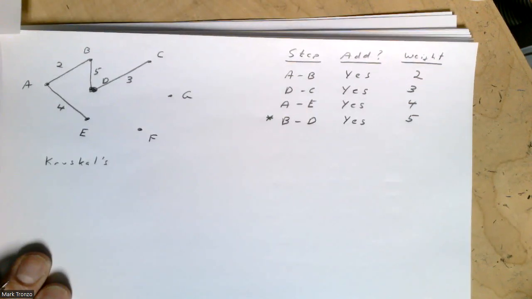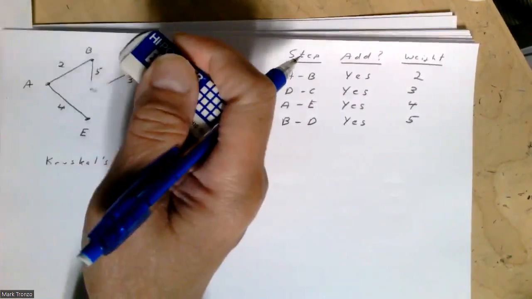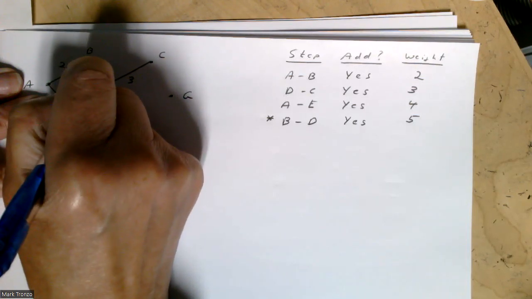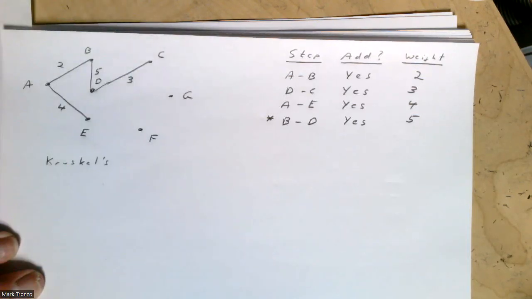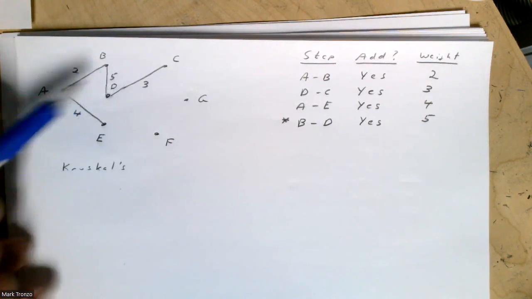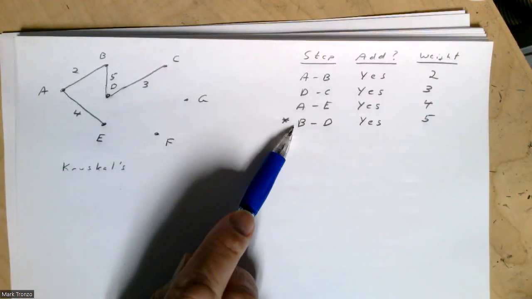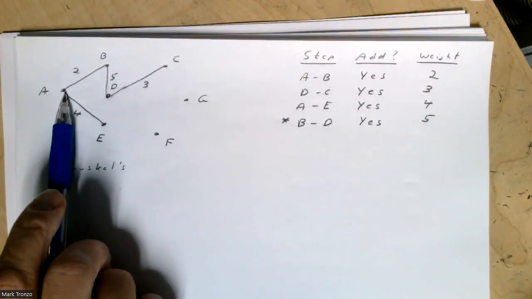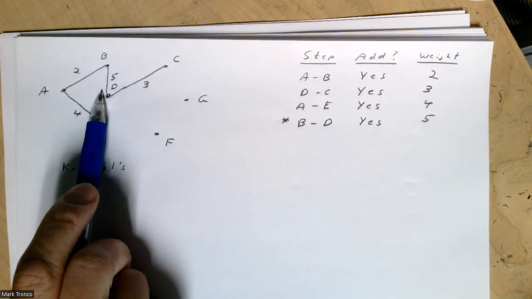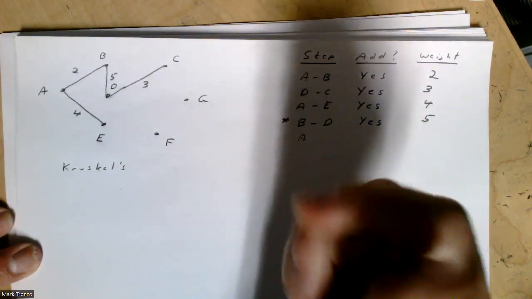Let me just clean this up a little bit. So this time we picked BD rather than AD. And so the star just reminds us that now we can't add AD because we make this circuit. So for AD, we have to say no this time.